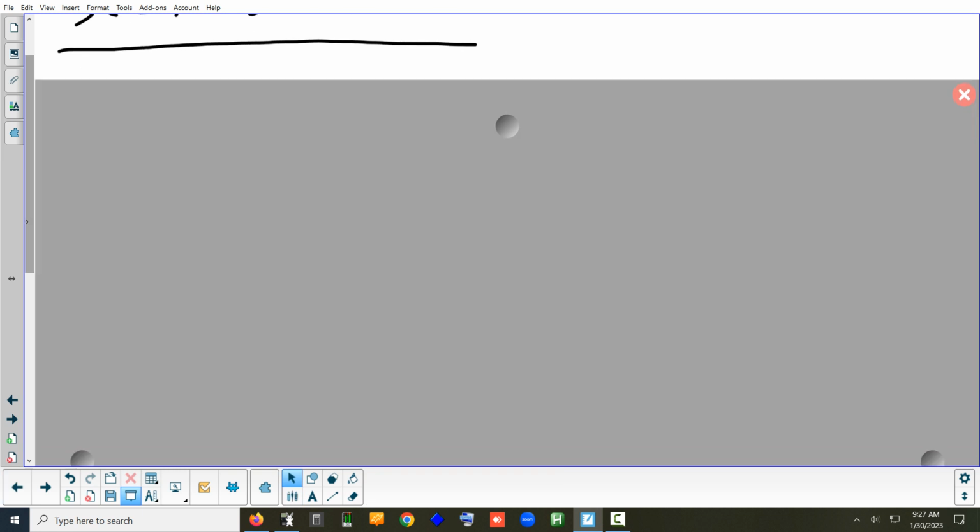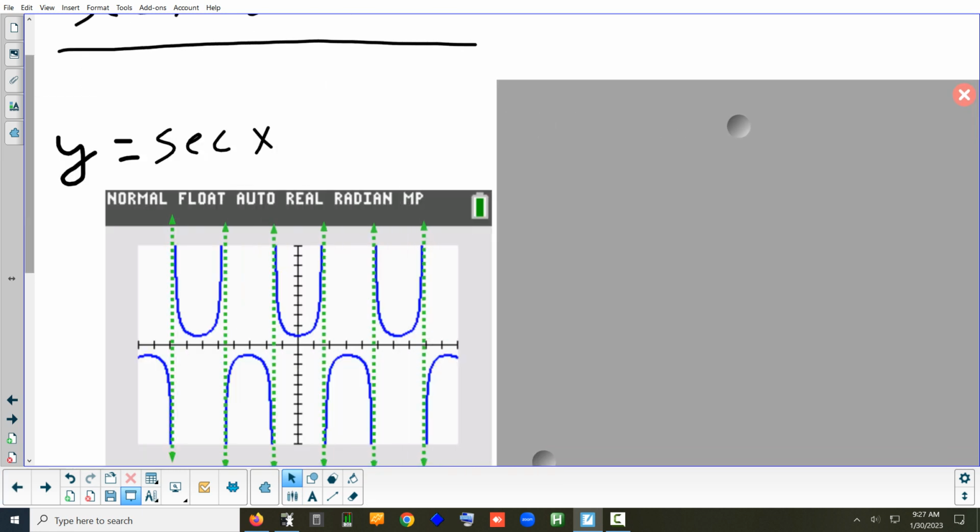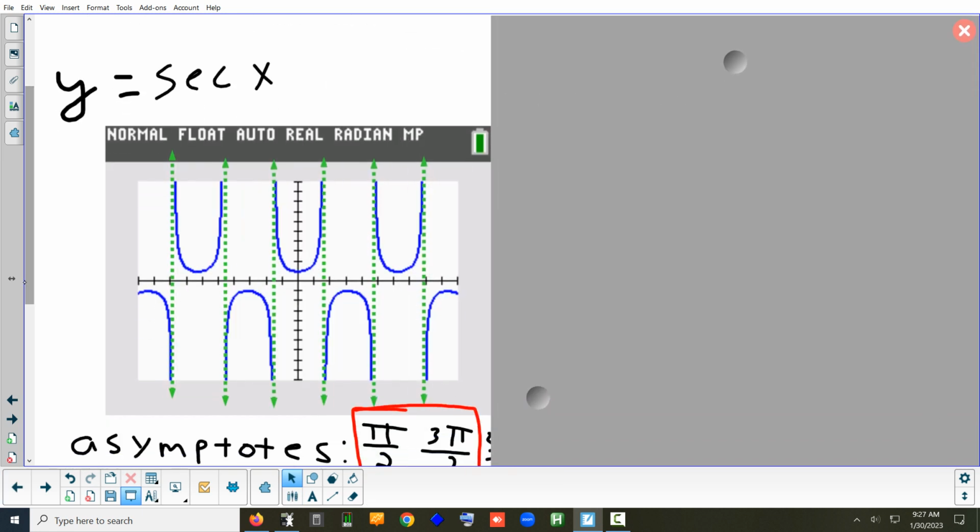So let's take a look at secant. So that's what secant looks like. It's kind of like these U shapes and N shapes. This is one cycle.